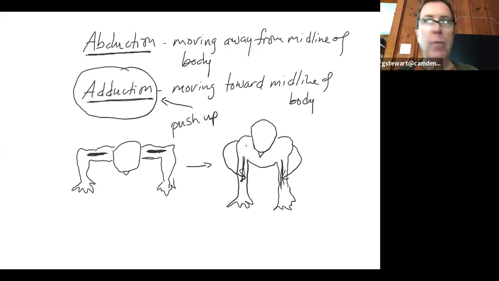Let's do the last bit and we'll be done for the day. Circumduction. That just means scribing a cone in space. I'm going to do circumduction and rotation at the same time.